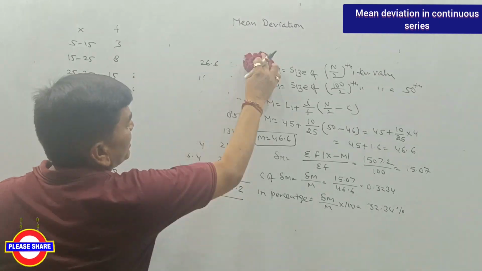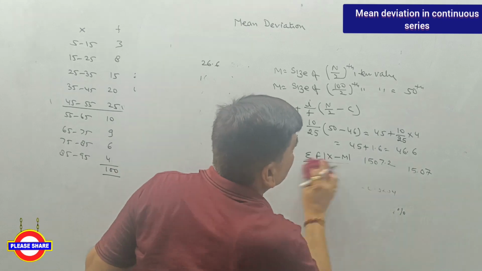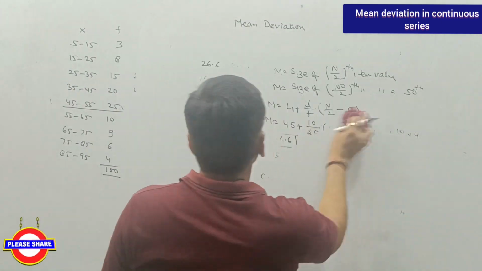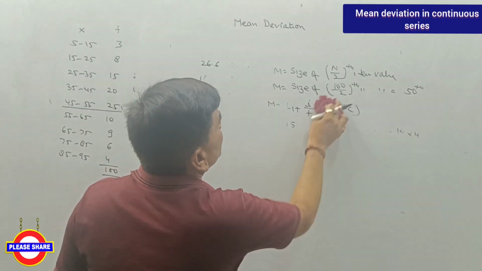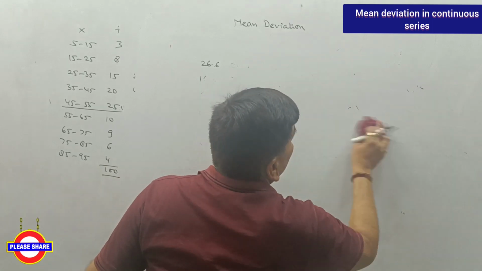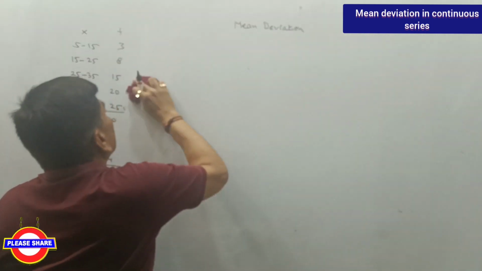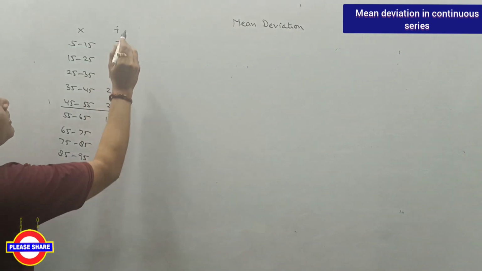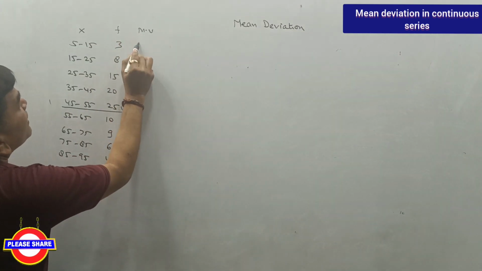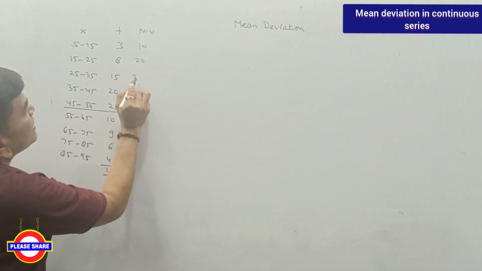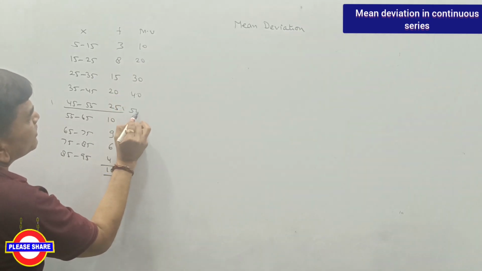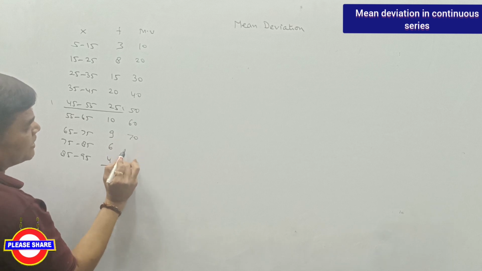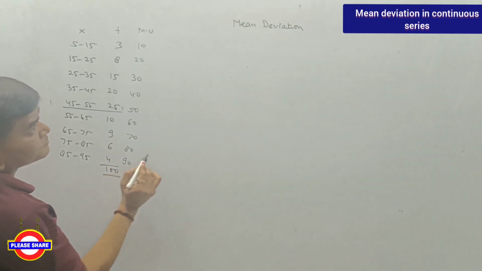We will do the same mean deviation but with the help of the arithmetic mean. First, we calculate the value of the arithmetic mean. For that, the mid values are required. Already we have 10, 20, 30, 40, 50, 60, 70, 80 and 90.